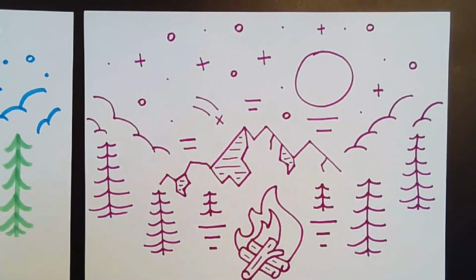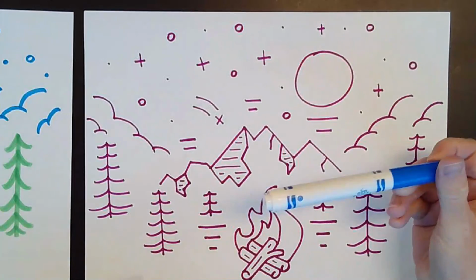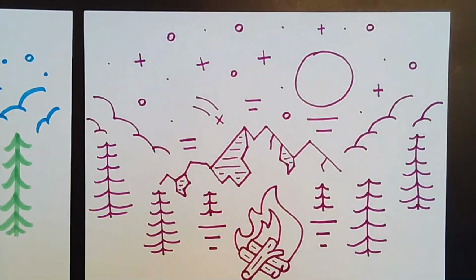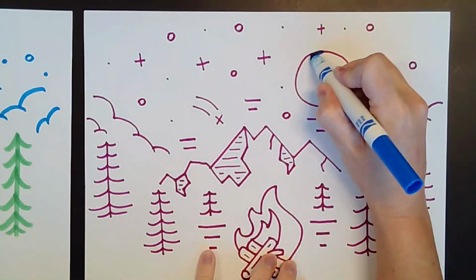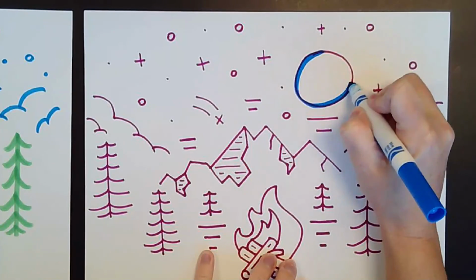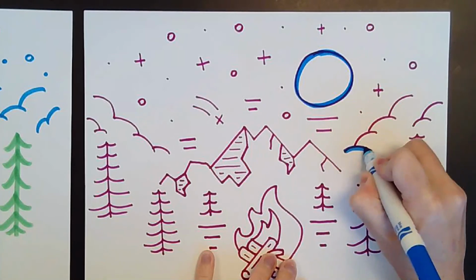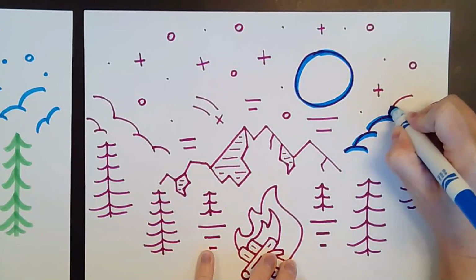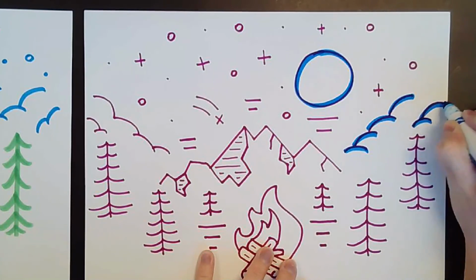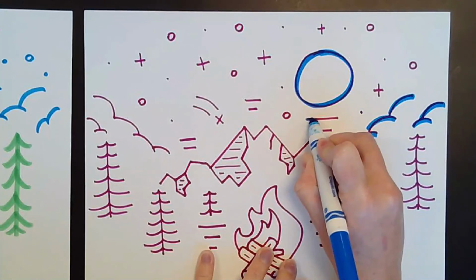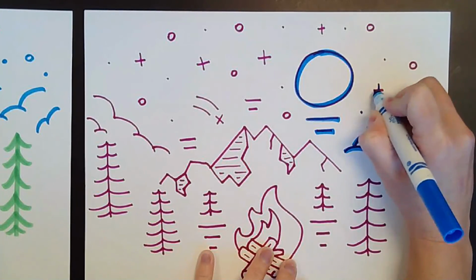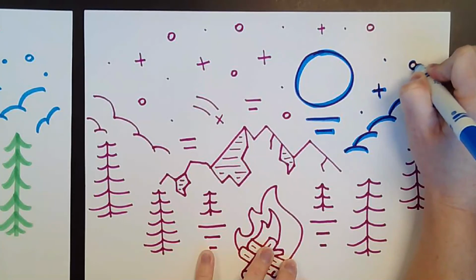Okay, now we're going to go ahead and outline with our markers. So start with your blue marker, and we are going to outline everything in the sky. We're going to outline the moon, the clouds, and all those dots, plus signs, and circles.